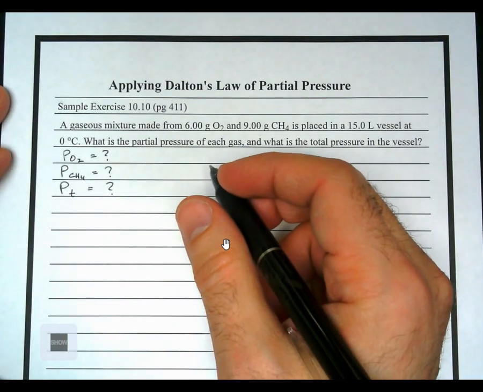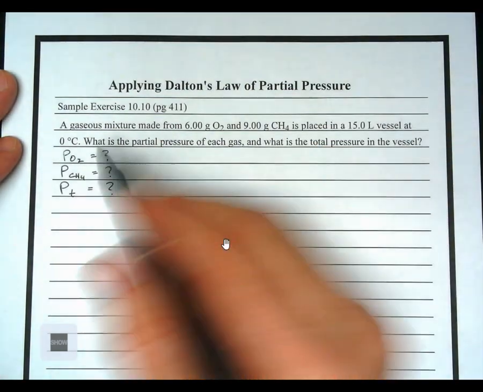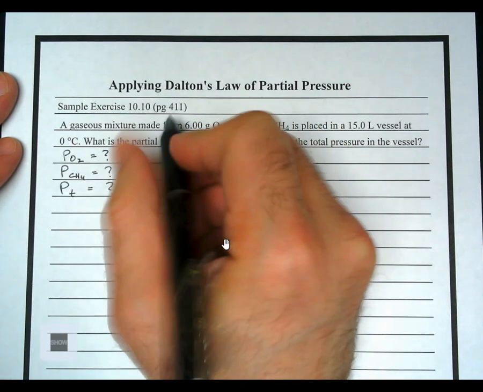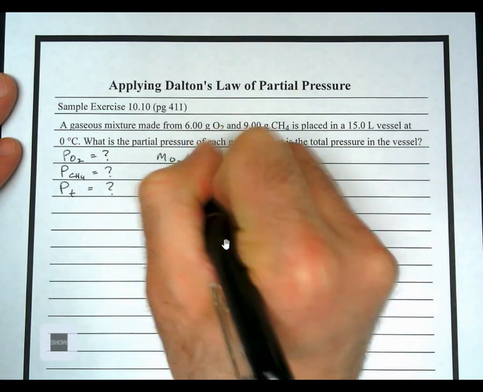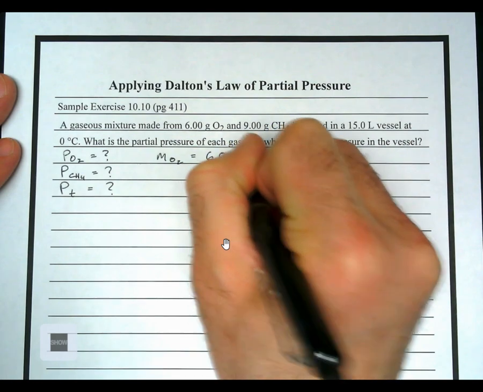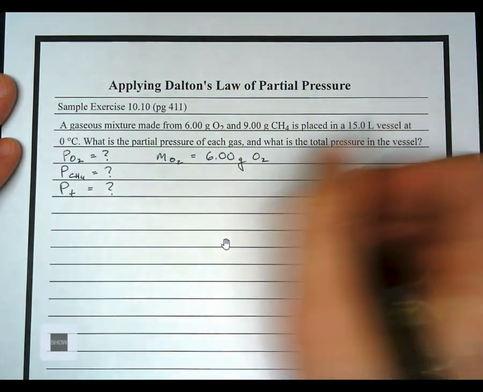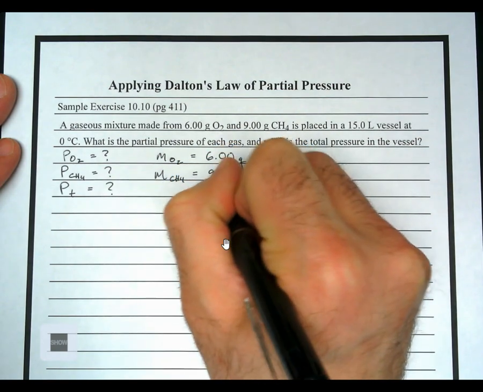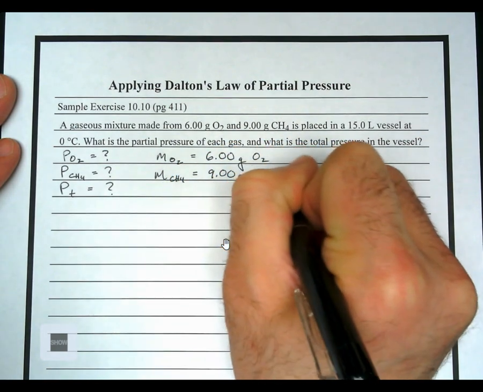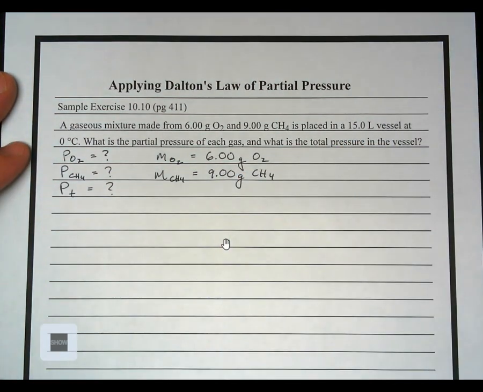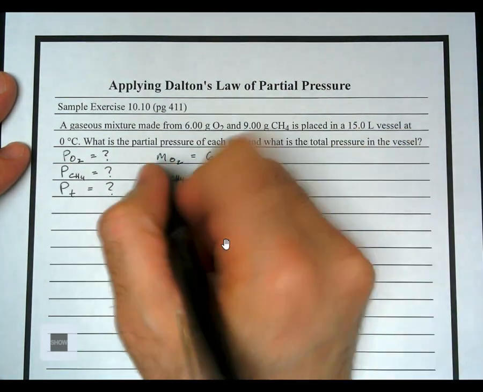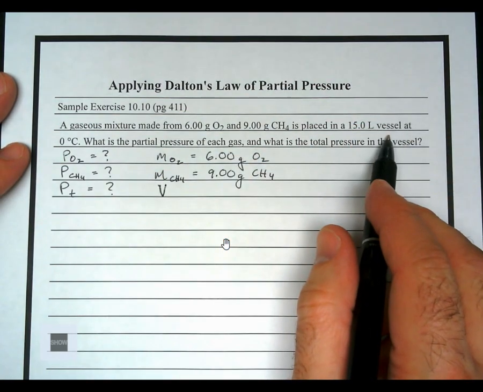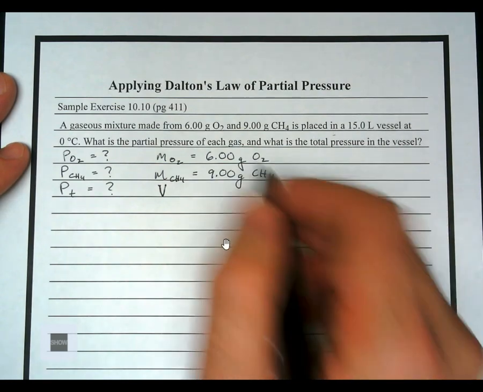Okay. Now, let's look and see what we have. We have a mass of O2. We have a mass of CH4. We've got a volume, and that's going to be the total volume, right?